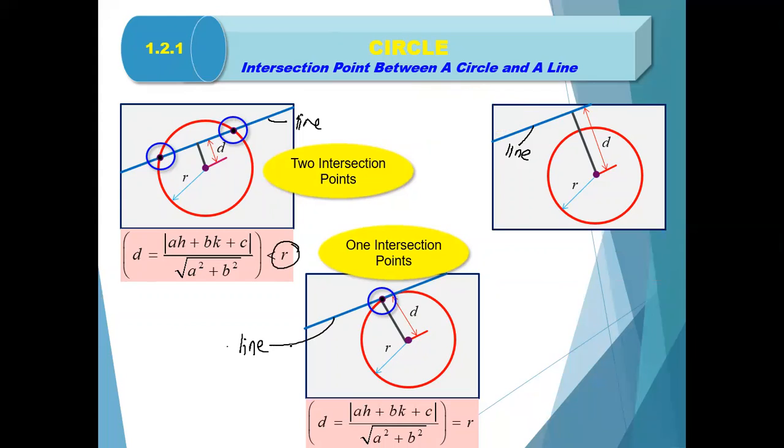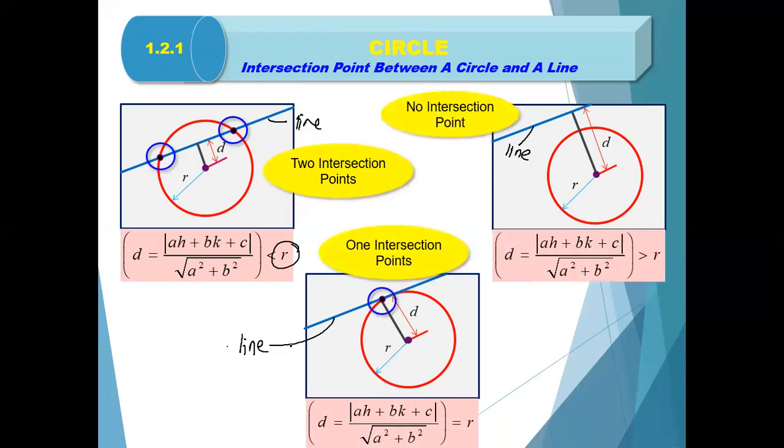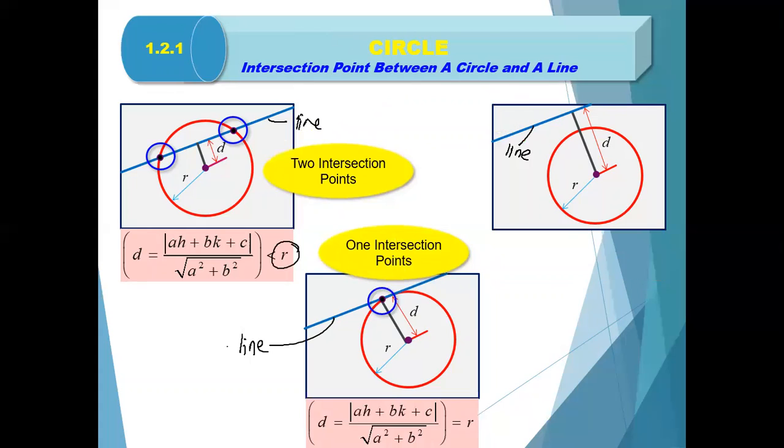Alright, so we go to the one intersection point. This one just touches the circle exactly. So this line we call a tangent line. Tangent line. So how?